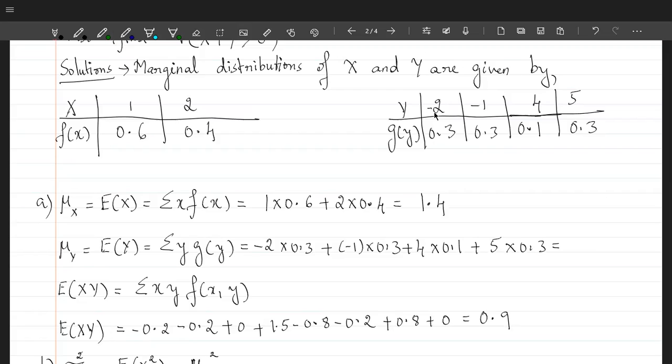If you calculate this value, you get minus 0.6 minus 0.3, that will be minus 0.9, plus 0.4, plus 0.3 into 5. So the corresponding value for E of y will be equal to 1.